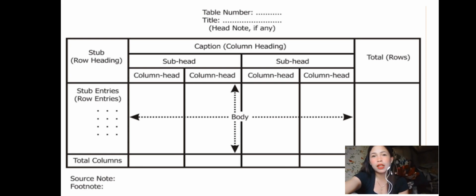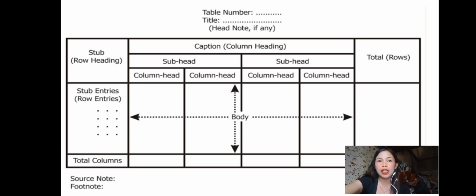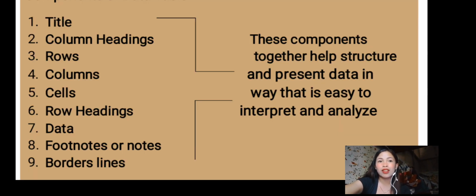Each component, like the title, provides a concise description of the table content, helping the reader to understand the data at a glance. And the column headings are labels that identify the data contained in each column, facilitating quick understanding of the data context.